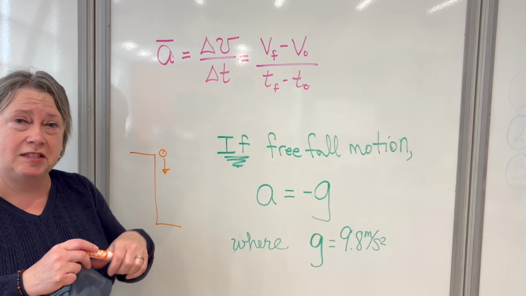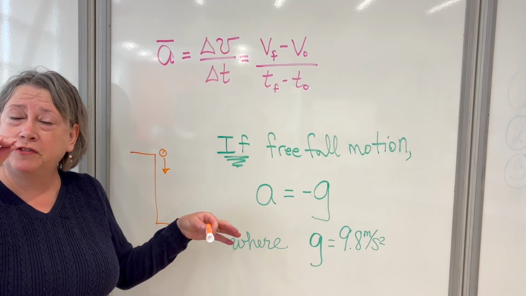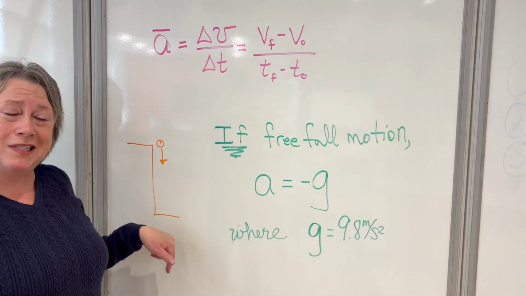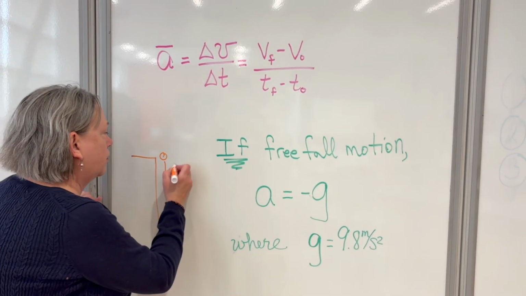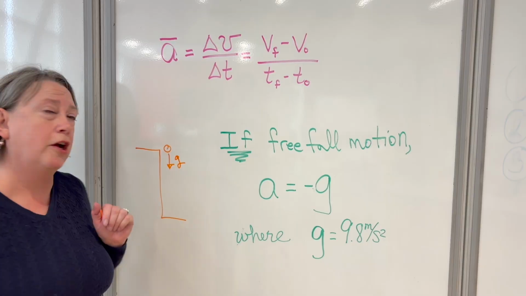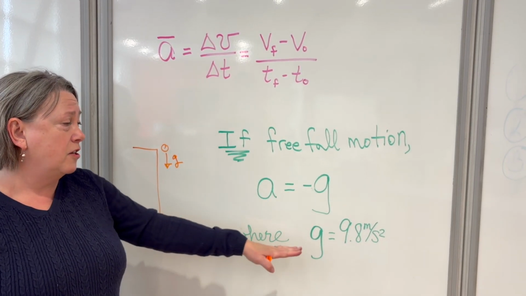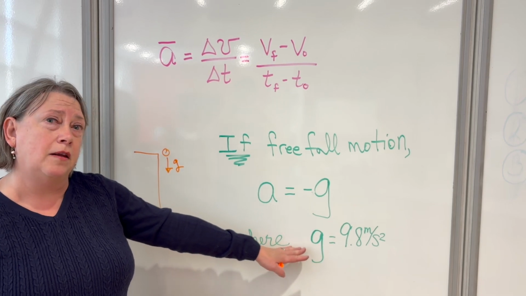That's what causes an object to fall. Gravity always points down, so my gravity vector always points down. The magnitude of gravity is 9.8 meters per second squared.